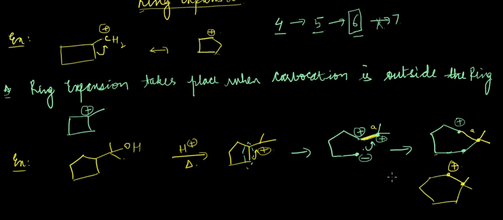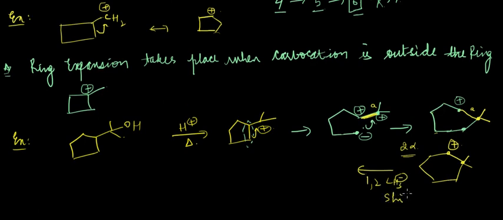Okay, now what happens is this carbocation has 1 2 alpha hydrogen, so we will have CH3 minus shift, and due to that shift what we will get is something like this, where we get a positive charge here and a substituent here.